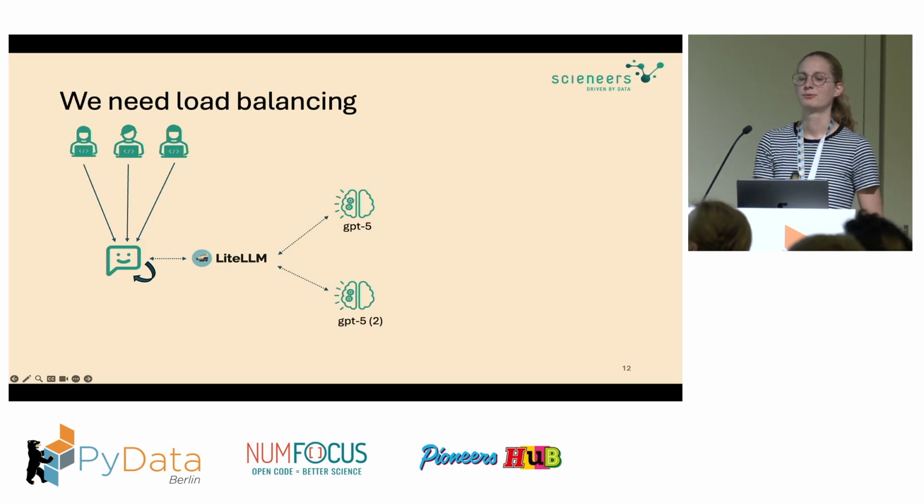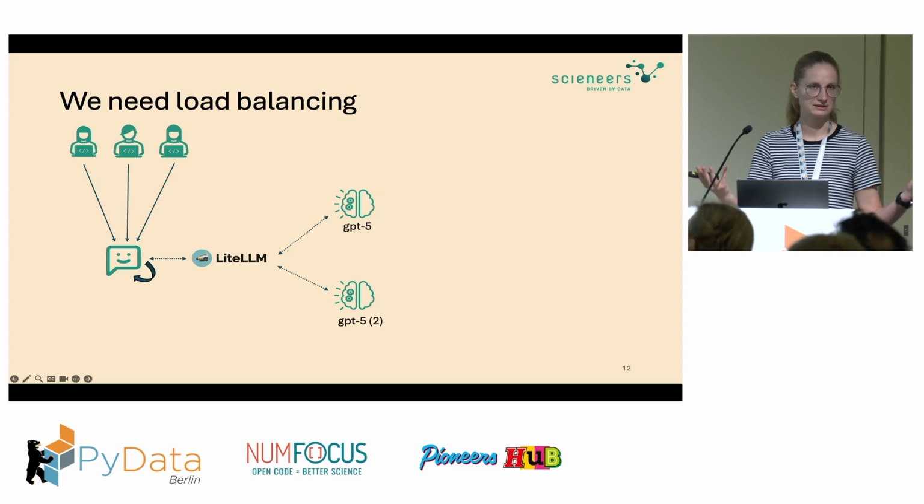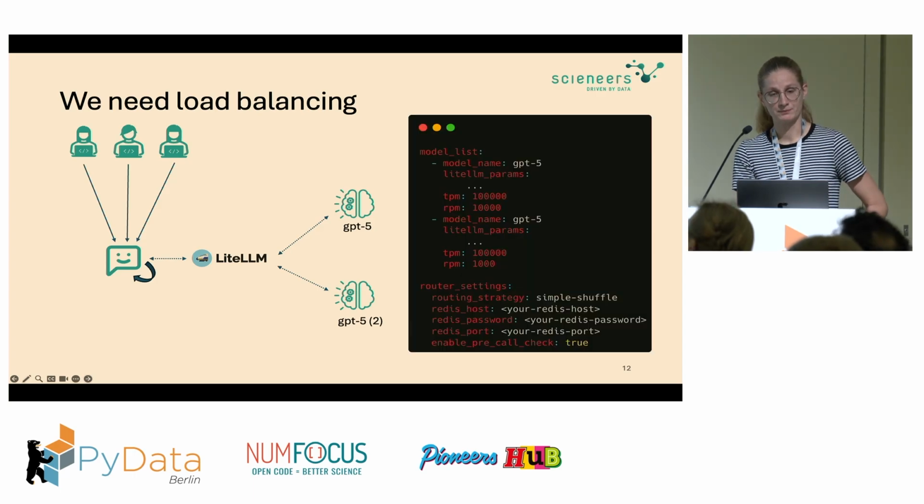So we decide we could deploy a second model somewhere else so that we have maybe this capacity doubled. So that's also something where we can now leverage LiteLLM's routing strategies.